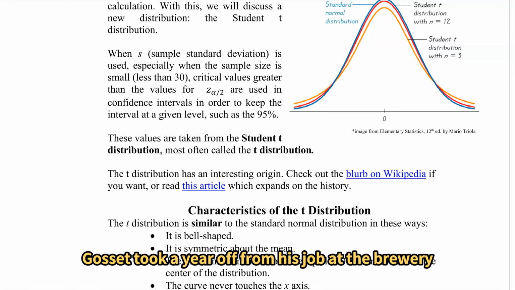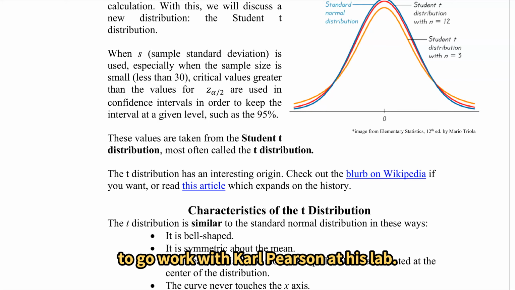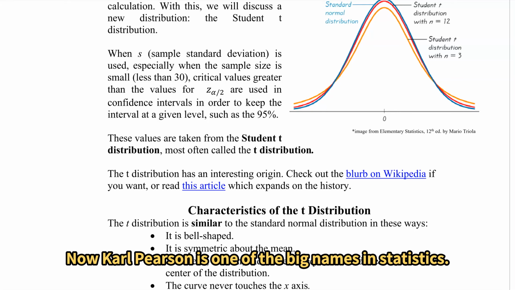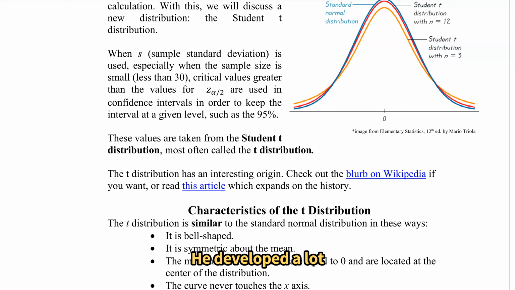Gossett took a year off from his job at the brewery to go work with Carl Pearson at his lab. Now, Carl Pearson is one of the big names in statistics. He developed a lot of statistical tests that we use. And so Gossett took a sabbatical, spent a year with Pearson at his lab, and worked out the math.